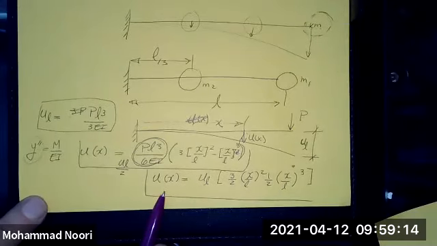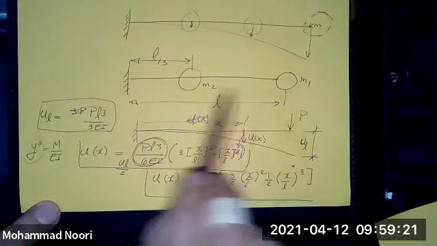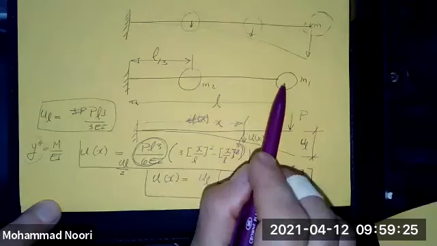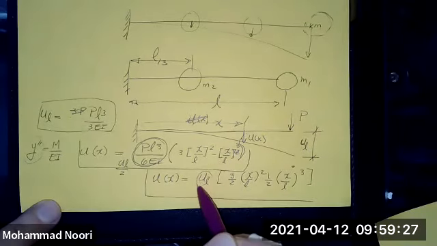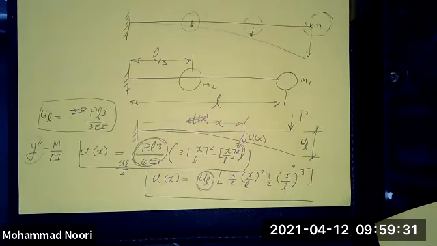So displacement, static displacement, at any point along this beam can be related to the displacement at the tip of this beam. As I said, this is how Mr. Rayleigh laid out the foundation, okay?